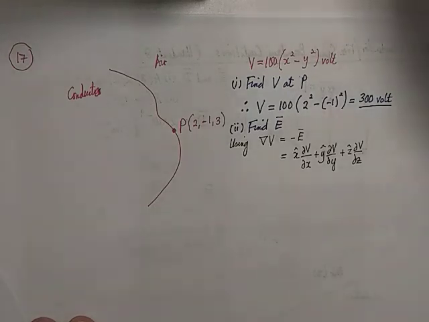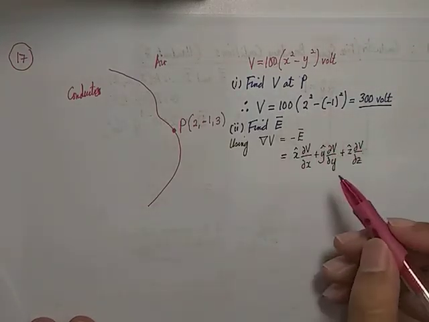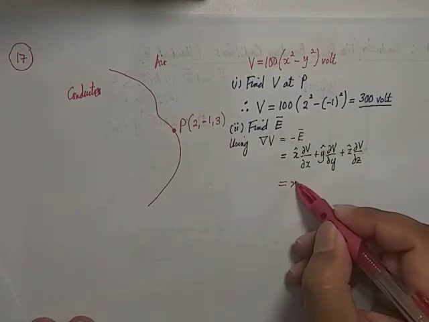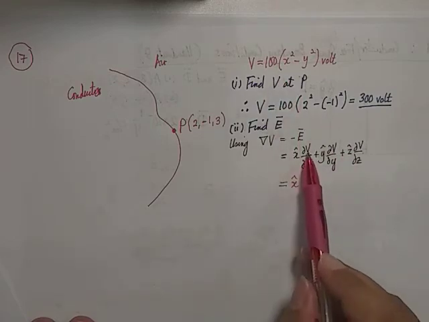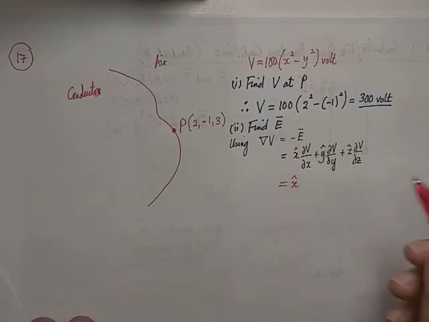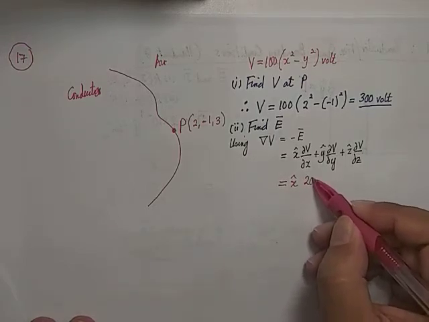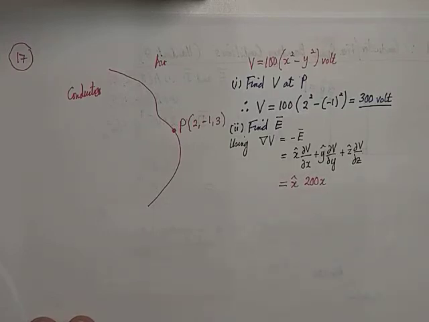So now how do we find the E? We have to solve the mathematics first. In the x direction, substitute the V and differentiate with respect to x. The solution here should be 200x, correct? That should be the x component.